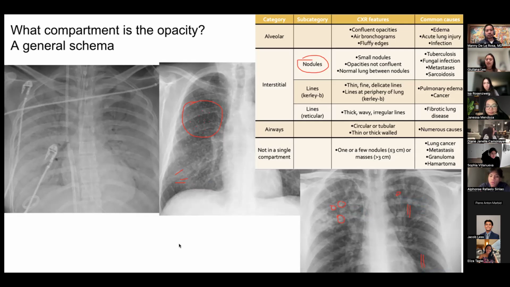Sometimes in a chest x-ray, you're seeing them blocked this way, so you'll see a circle, or you're seeing them blocked this way, in which case you'll see it like a pipe along the sides. So those are the two different things that you might see. For that pattern, there's a lot of different things that could be causing it, like plugging, for example. This is great terminology that you can use on the wards to describe not just the opacity, but where it's located and what compartment you think it's in.